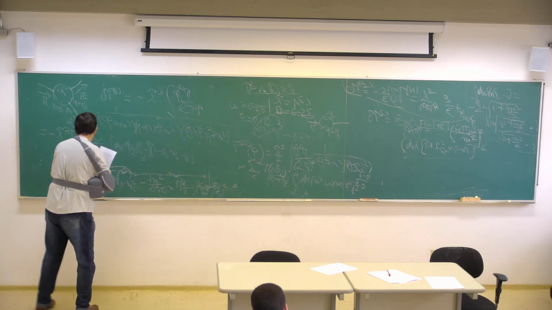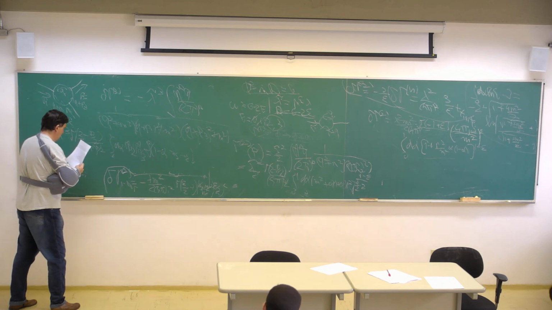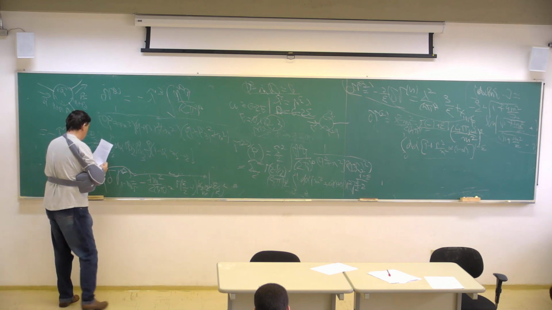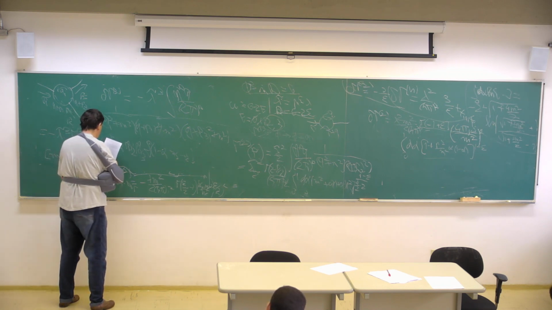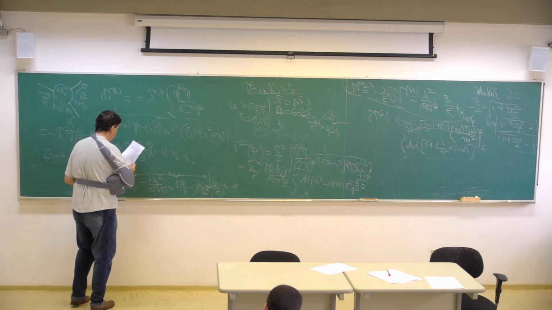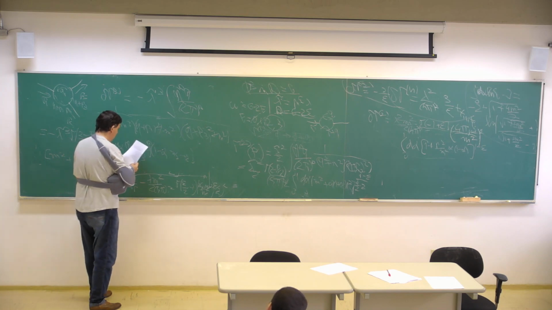But then we have m squared plus alpha 1 p1 squared plus alpha 3 p3 squared. Called it alpha 3 just because it multiplies p3.